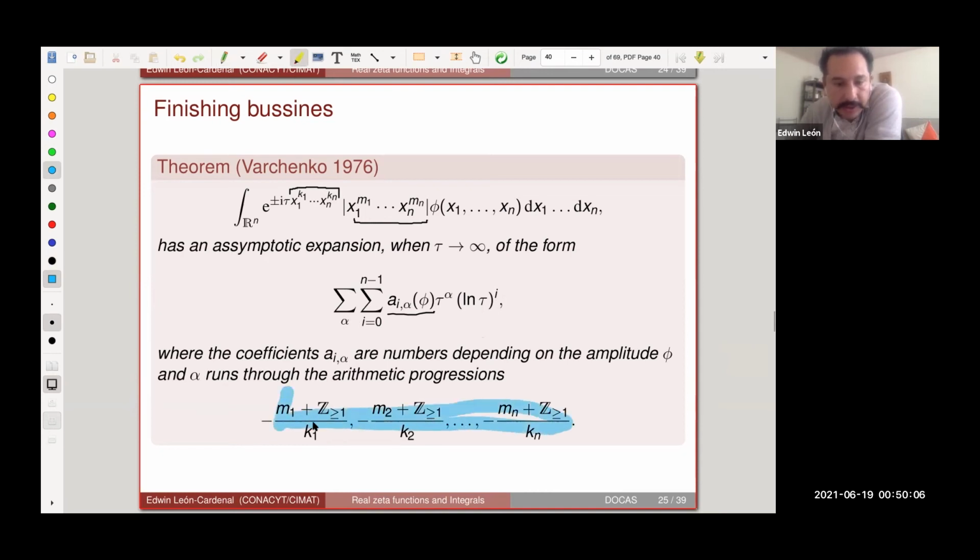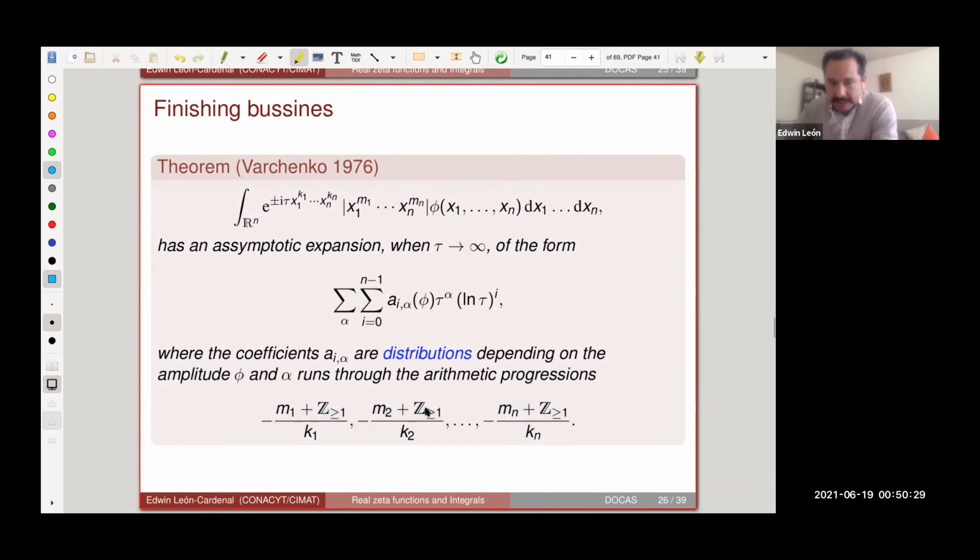Okay. So this is the first thing: we can describe these alphas in terms of these arithmetic progressions coming from the poles of the local zeta functions. And what about the coefficients A_i?